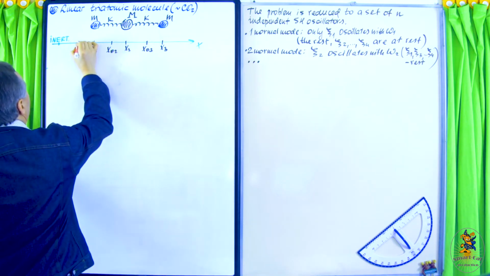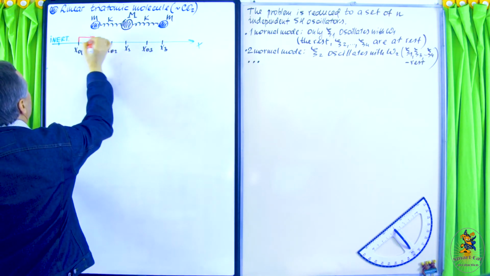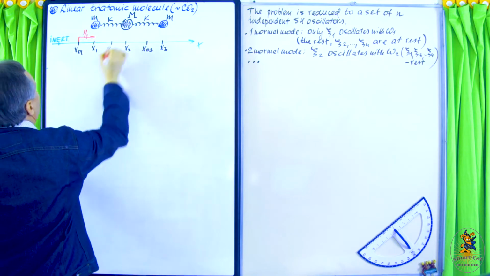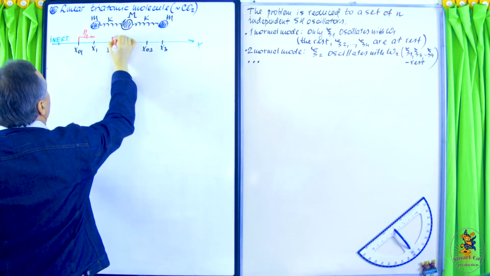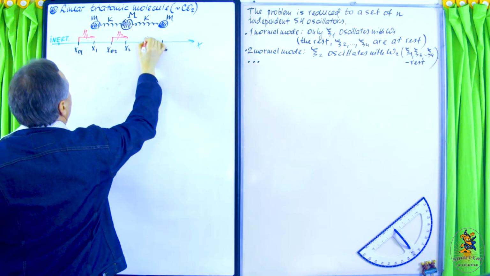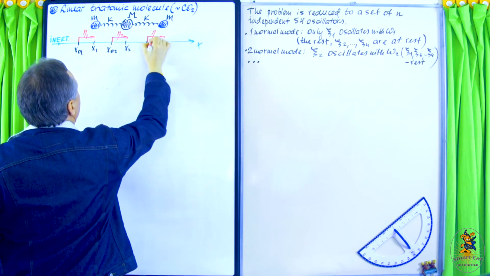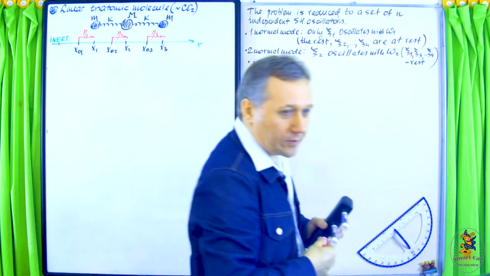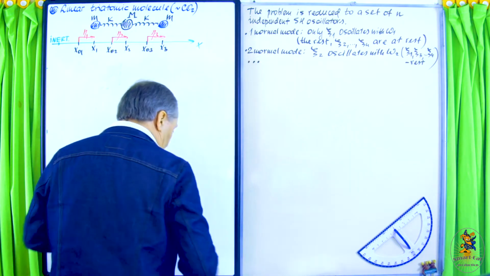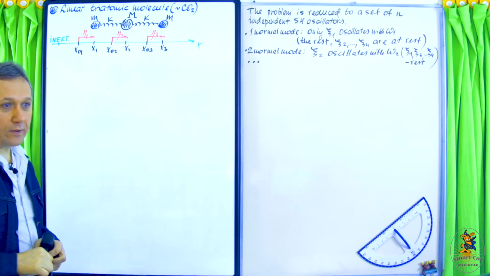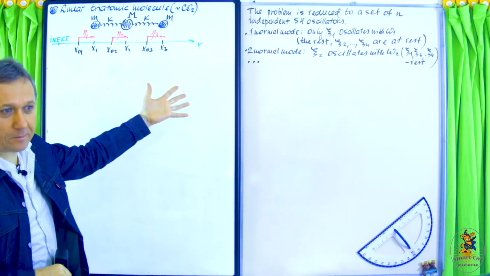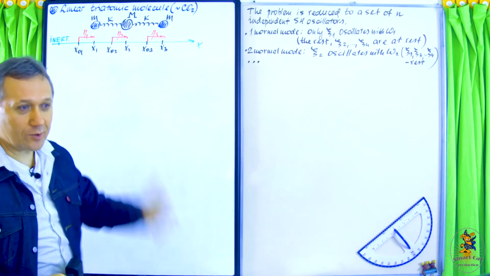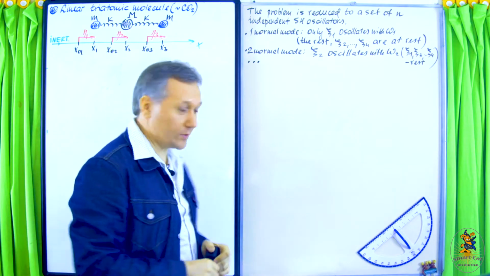So for now, the best are eta 1, eta 2, and eta 3. So these are, so far, the best coordinates, right? So we have a 3 degrees of freedom system, and so we need to introduce 3 coordinates, etas.